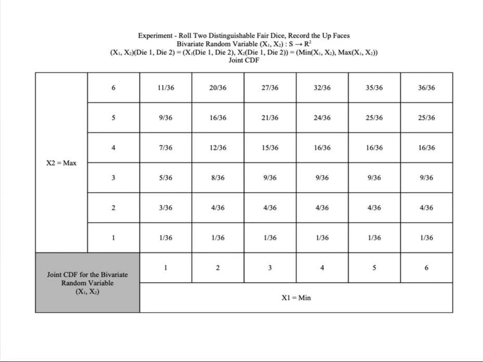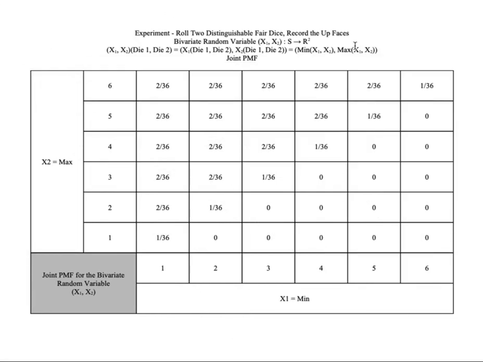Now, let me just say, going back to the joint PMF, when we evaluate the value of the joint CDF at a particular point. So, for example, let's evaluate the value of the CDF at the point x1 equal to 2 and x2 equal to 3. Okay, right here.